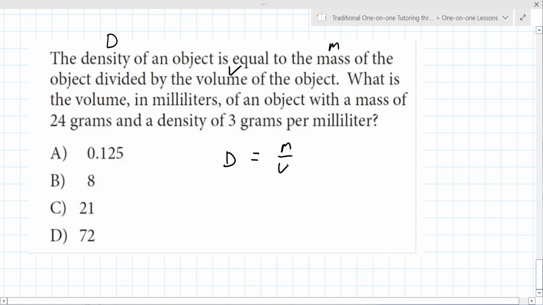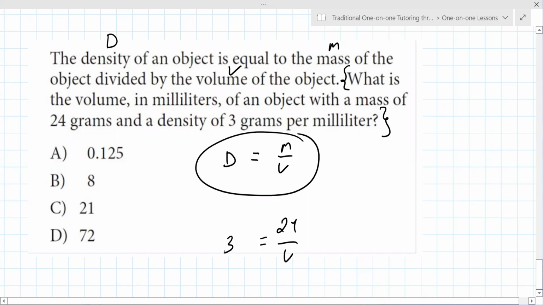Exactly. Okay. Now, did you already know this? Yeah, I did. Okay, so one of the techniques we've talked about is going right to that last sentence. If you already knew this, fine, but they give it to you in case you don't. The question: what is the volume in milliliters of an object with a mass of 24 grams, that's M, and a density of 3 grams per milliliter?